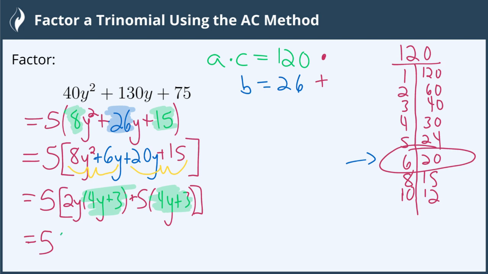So we're able to pull out 4y plus 3 from both of those terms. Then what's left over? Well, I have the 2y and the plus 5 that are still there. So this is now multiplied by 2y plus 5. And this is the fully factored form of this trinomial.